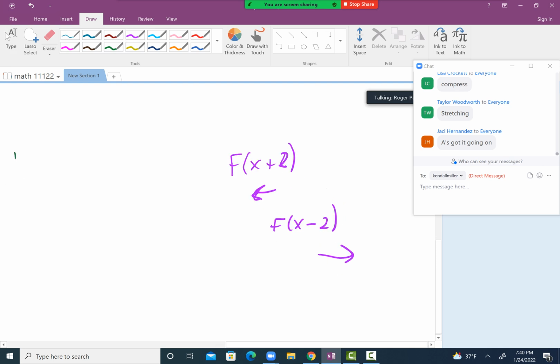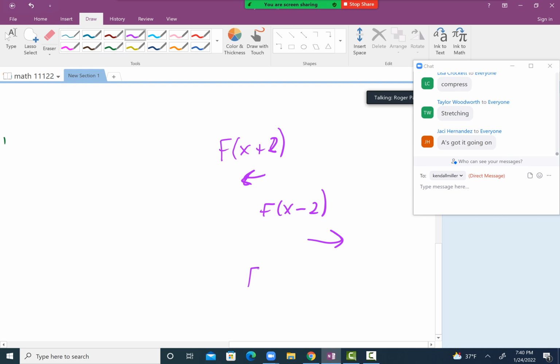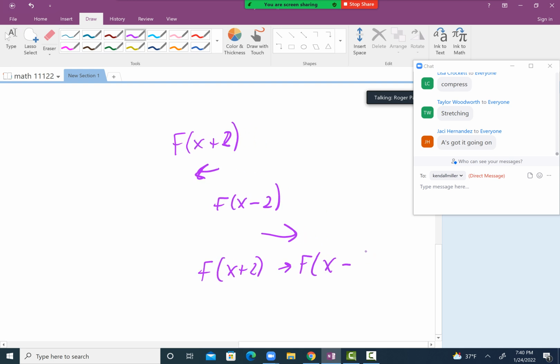And the reason for that is that if we have f of x plus 2, we can rewrite that as f of x minus a negative 2. So this negative 2 is the units that the function is moved. And since it's a negative 2, it's going to move it back to the left, because that's where my negatives are.